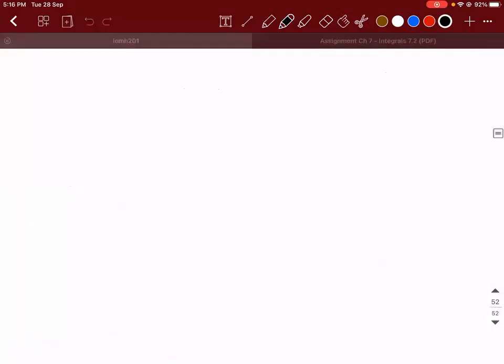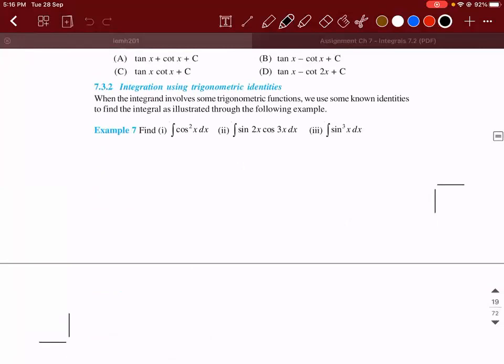Next. So we are ready to start the next exercise, that is integration using trigonometric identities. Till now we saw the integral of sine x or sine 2x, right?